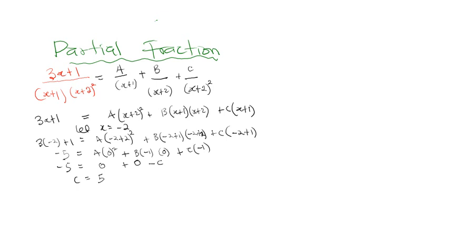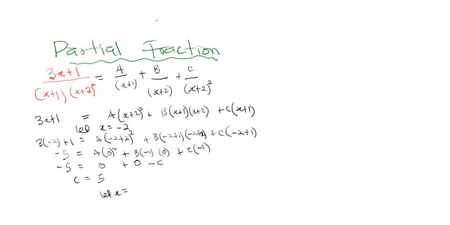Now let's continue. We want to eliminate any other one. So let x be equal to negative 1, so that in this expression the b will be 0, and automatically it's going to affect the c.